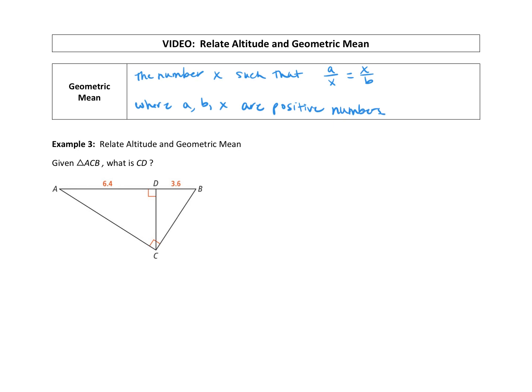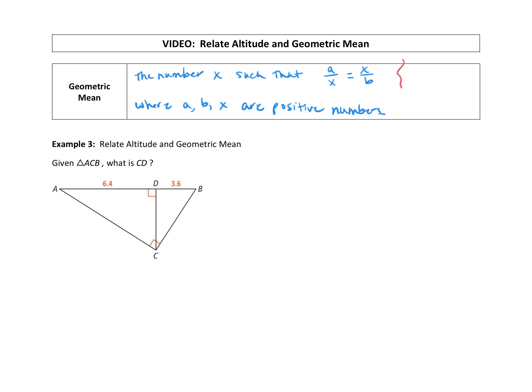So where this will head is if you have a proportion set up where one of the cross products is the same value, in this case we have an x down here and an x up here, that's called a geometric mean, or that's the setup for a geometric mean.